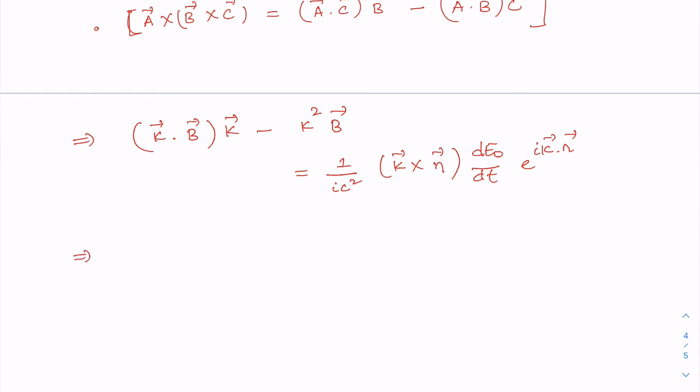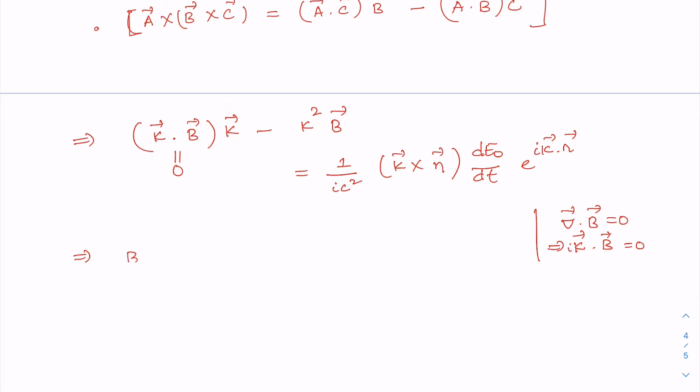And you see that k dot B is equal to 0 because of the fact that divergence of B is equal to 0, which I can write as i k dot B. So k dot B is equal to 0.